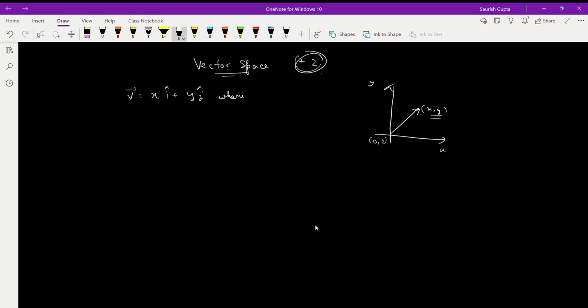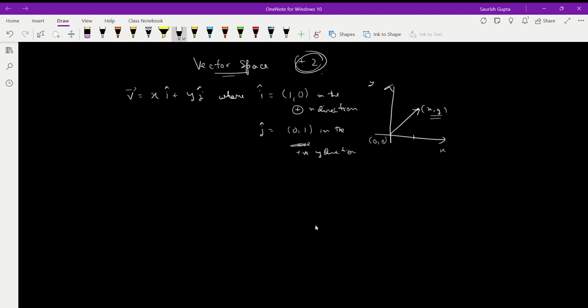So x i cap plus y j cap, where i cap denotes the unit vector in the x direction, just the coordinate (1, 0) in the positive x direction, and j cap precisely denotes the coordinate (0, 1) in the positive y direction.